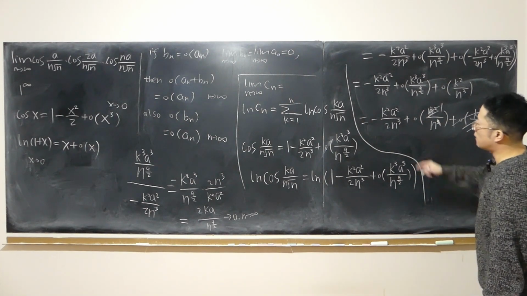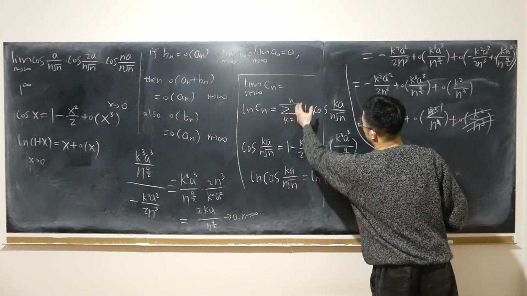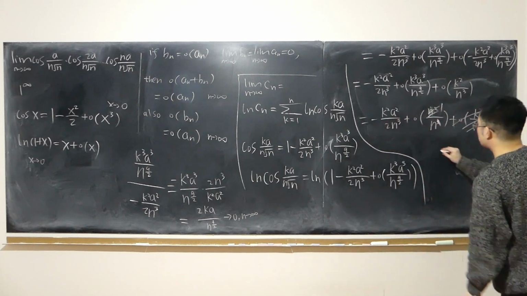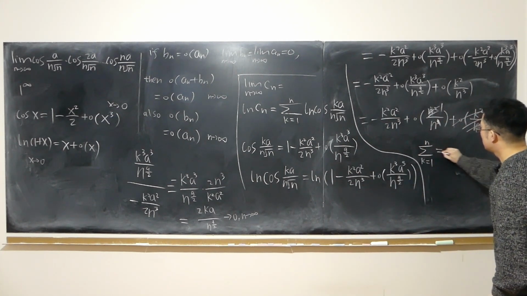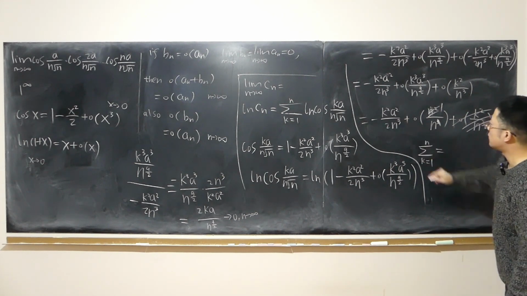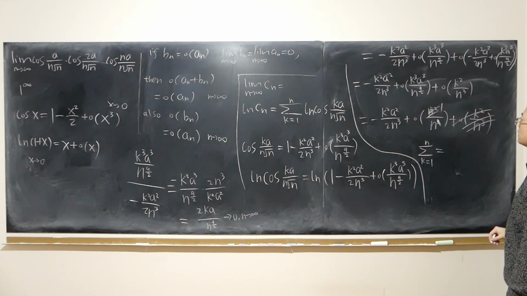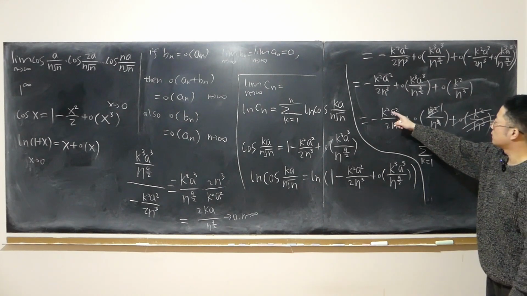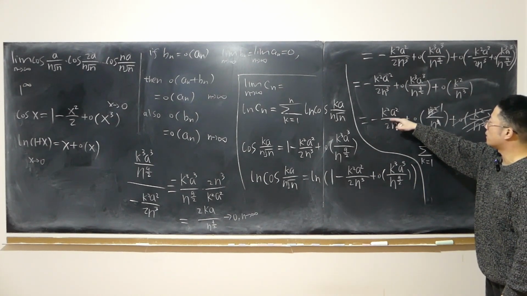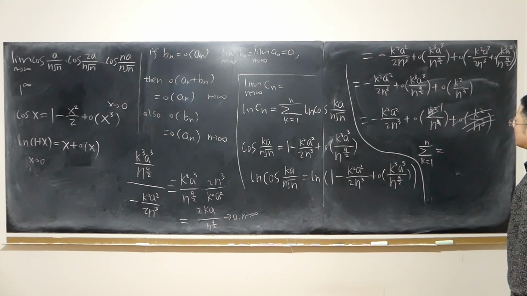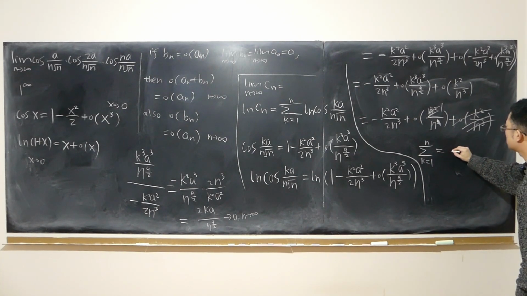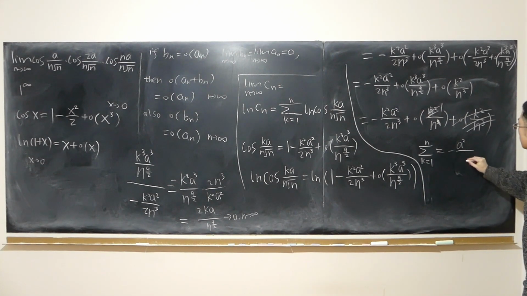So I need to do the sum. It says sum from 1 to n. So the sum from 1 to n is equal to the sum of this term, that is the sum of square numbers, k squared, k goes from 1 to n. And we just factor out the negative a squared over 2n cubed.